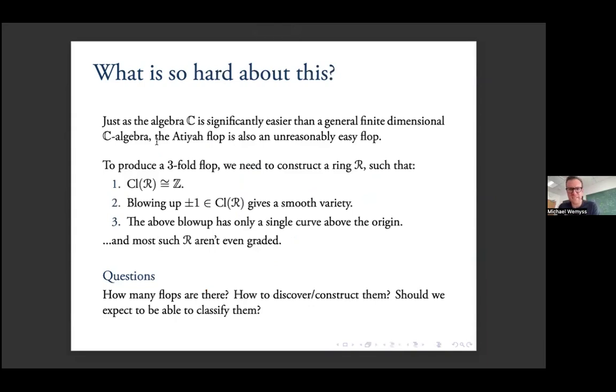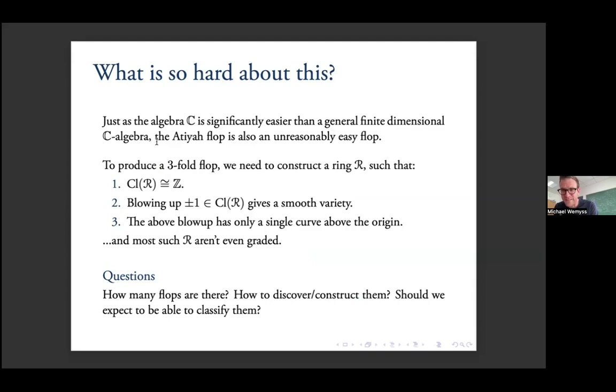So why is this hard? I want to do that by analogy because analogy comes back later. So when you start doing finite dimensional algebras, you begin by a class of objects that somehow are representative of the general difficulty. And so if you started by looking at finite dimensional algebras by only studying the complex numbers, you might have an unreasonable viewpoint of how easy its representation theory is.